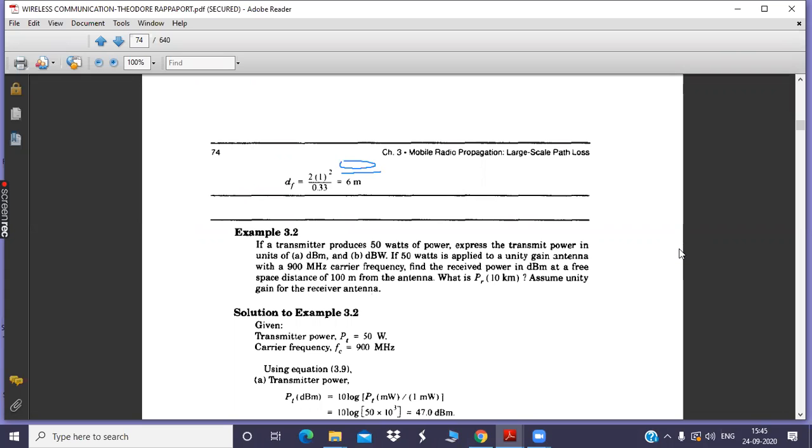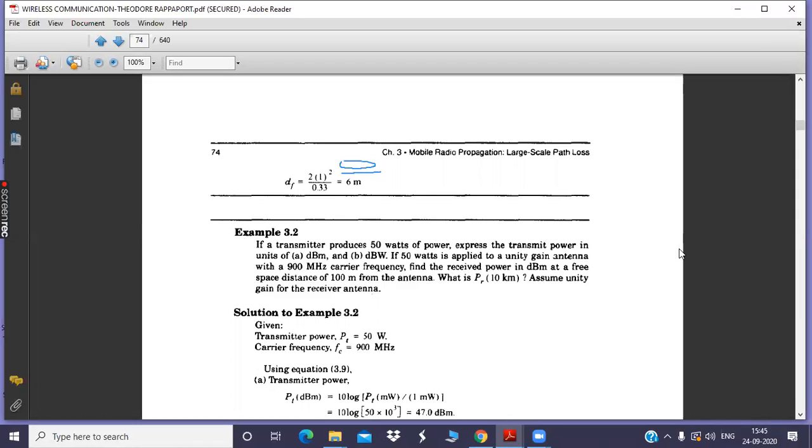So for uniformity and the most reliability, we go for the far field region, because you need exact predictions or exact values at all points. For that reason we go for the Fraunhofer distance, that is, beyond the threshold distance DF.